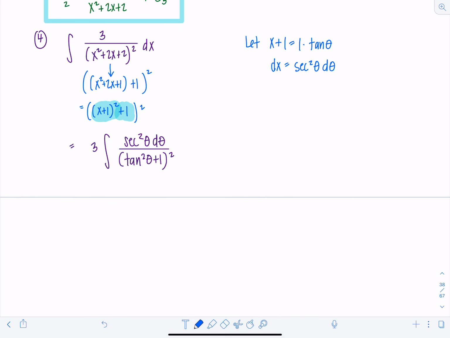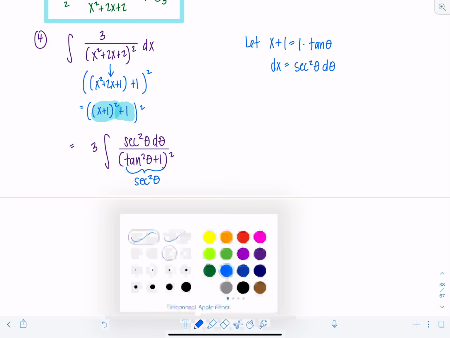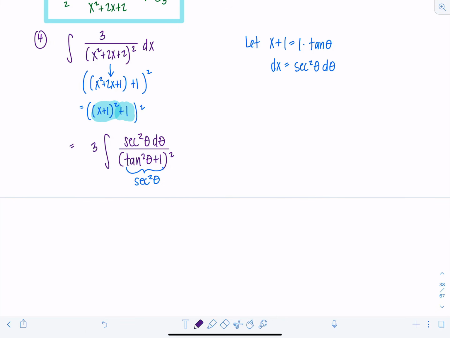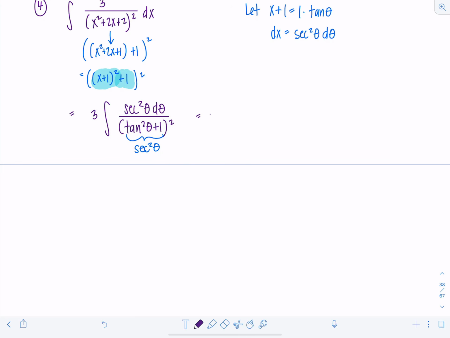Well, remember, tan squared theta plus 1, that's secant squared theta. So I have secant to the 4th theta in the denominator, basically. So let's write this out. We have 3 times the integral secant squared theta d theta over secant to the 4th theta. So that's going to cancel out.